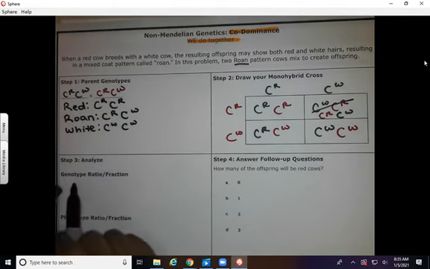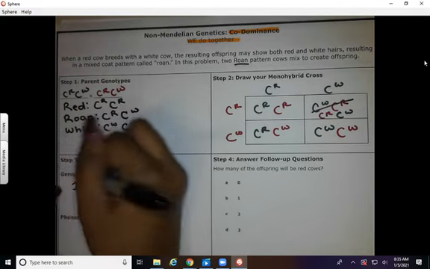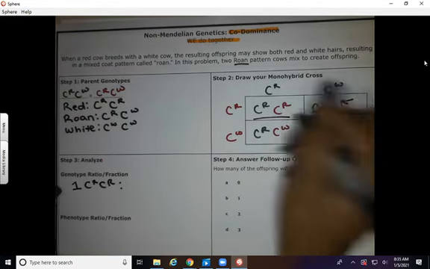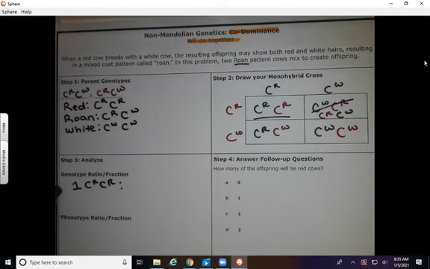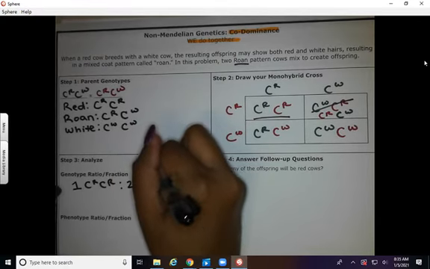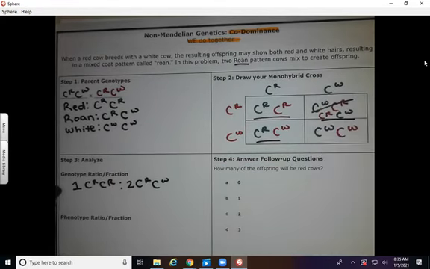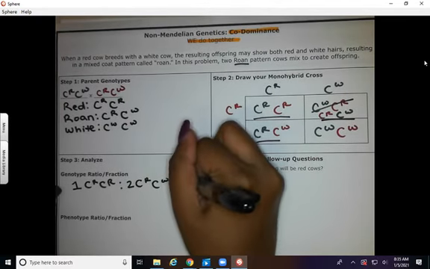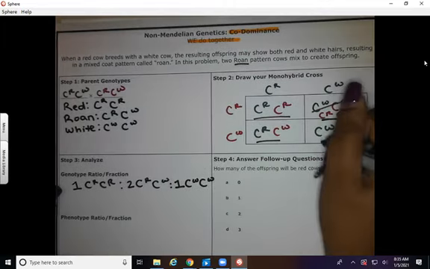The genotype ratio. Okay, so I see one that's CRCR. There are two that are CRCW. And one that is CWCW. That's that last one.